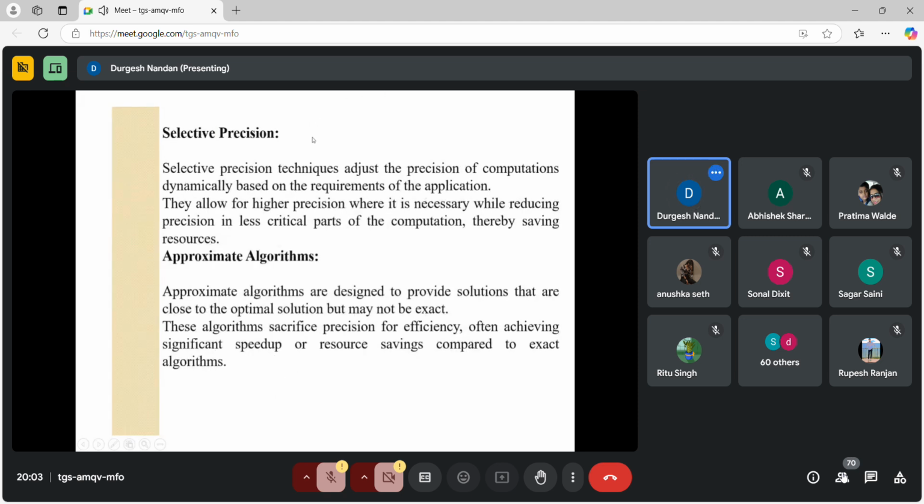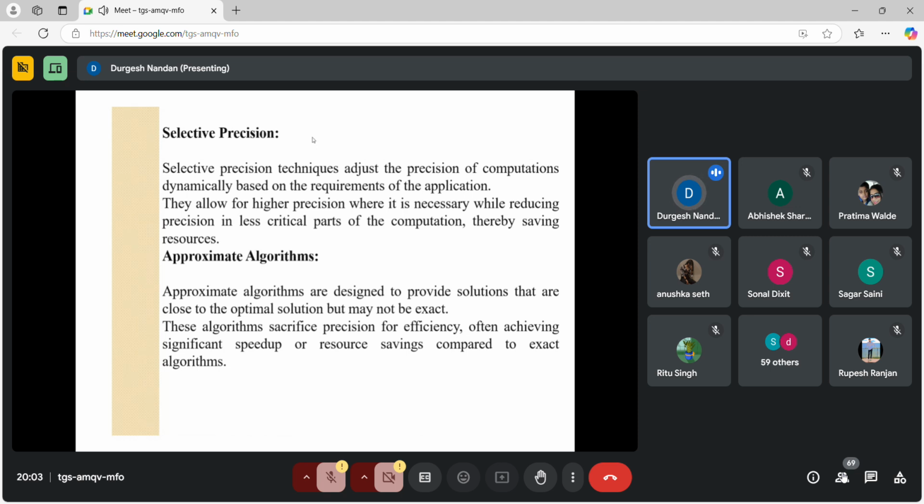Now, among the techniques used in approximate arithmetic, one approach is selective precision. In that, we adjust the precision of computation dynamically based on the requirements of the application.